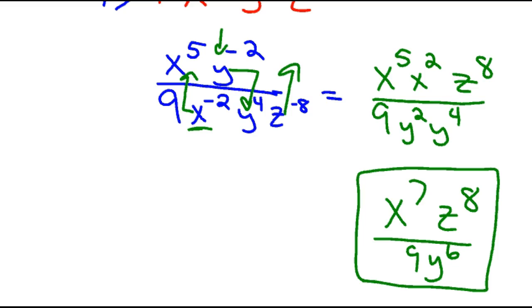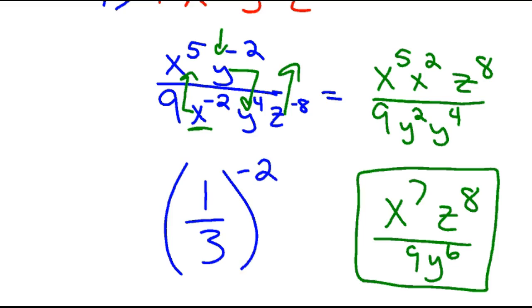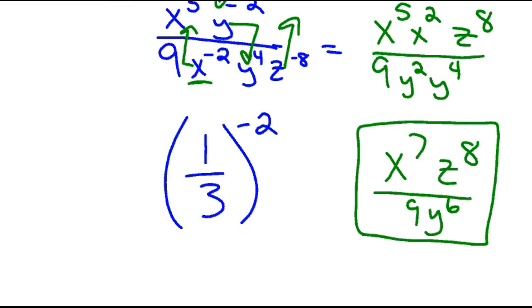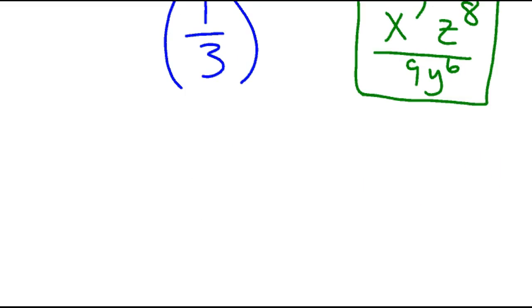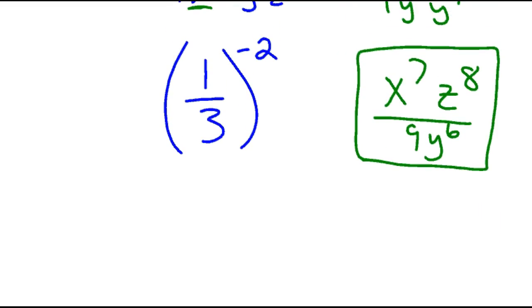Another one that trips people up is what happens if you had, say, 1/3 to the negative 2 power. What do we do with that one? Stop the video and see if you can solve it. So what you do is the negative 2 goes with everything inside the parentheses.